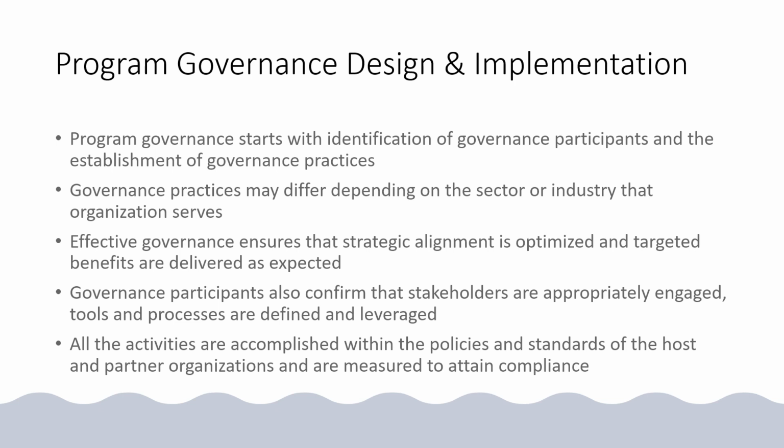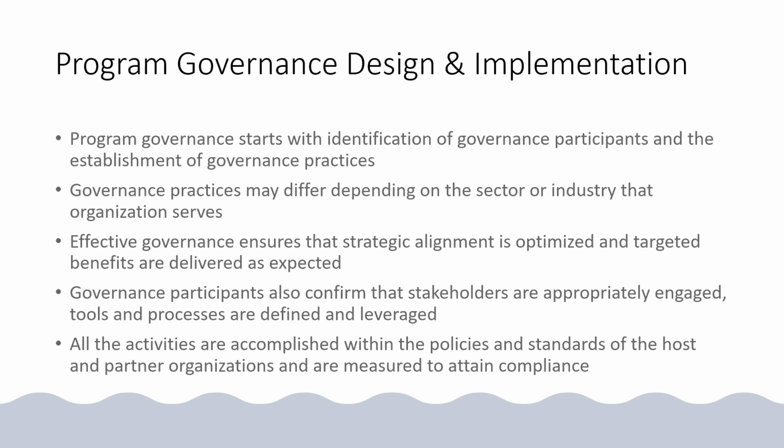So let's try to understand what the different activities involved in program governance design and implementation are. Program governance starts with the identification of governance participants and the establishment of governance practices. The governance practices may differ depending on the sector or industry that the organization serves. Effective governance ensures that strategic alignment is optimized and targeted benefits are delivered as expected.